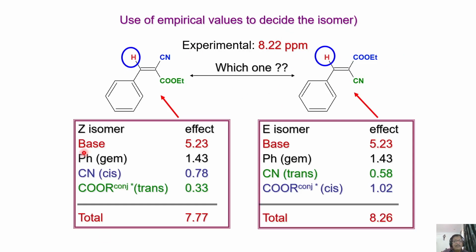Now what they did is they started making the calculations by taking this base value of 5.23, started adding all the substituent effects, and if this was the case, if it is COOEt or CN group cis to this, you will get this chemical shift approximately predicted, whereas in this case it is 8.26, and this is very close to the experiment. So this is one of the few applications of the Gibbs-Scheele rule which used to be there in olden days.